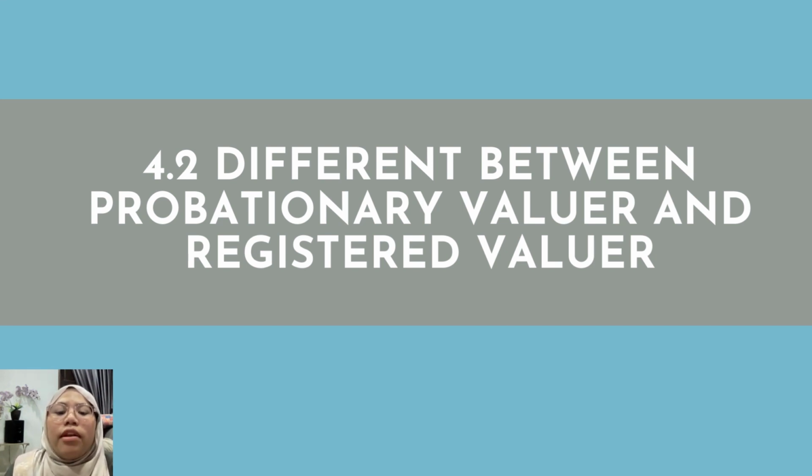A PV starts with PV followed by a few digits, while an RV starts with V followed by a few digits. Lastly, authority to practice. A PV is only allowed to prepare a report and an RV is allowed to sign the report that was prepared by the PV.